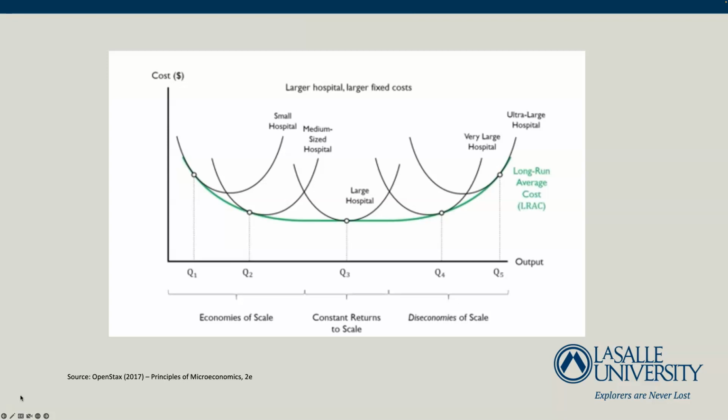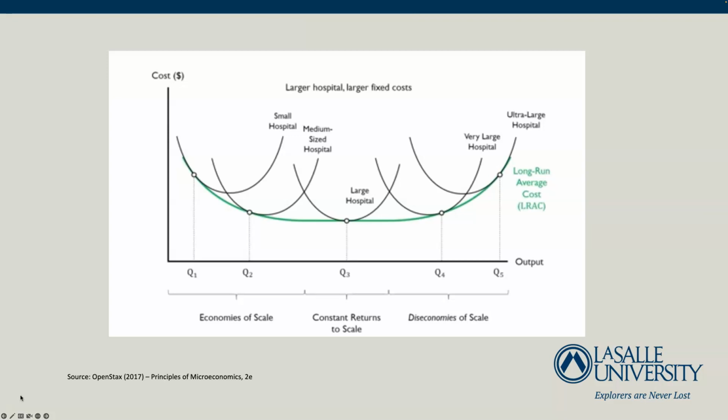Scaling up operations, that is, going from a small hospital to a large hospital by expanding capacity or by acquiring new equipment and so on, might actually reduce the average cost of service provision in the long run. And that process, as shown here, we're seeing that by scaling up, you do achieve those economies of scale.